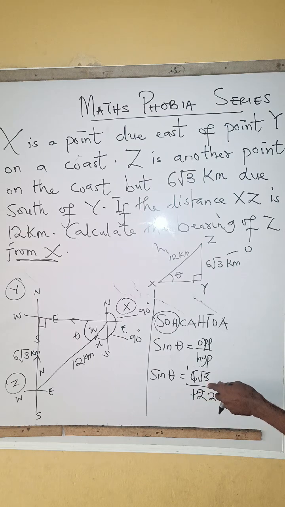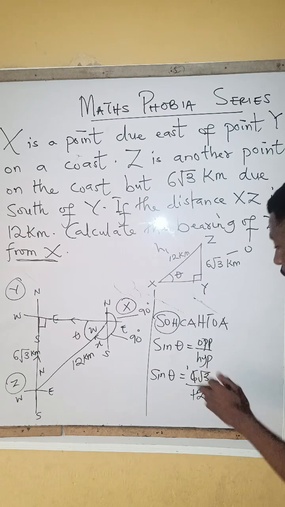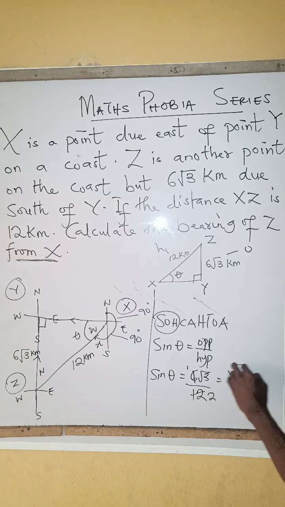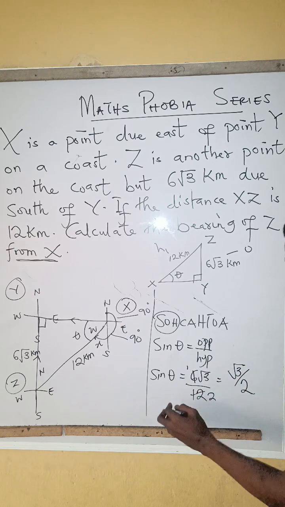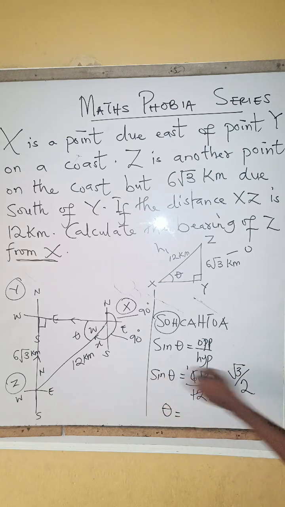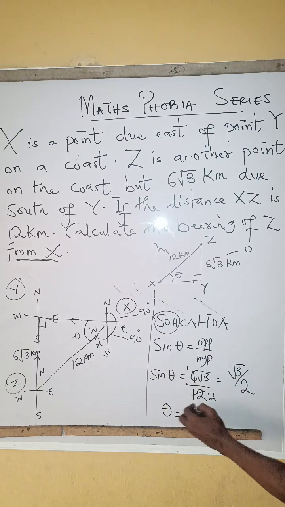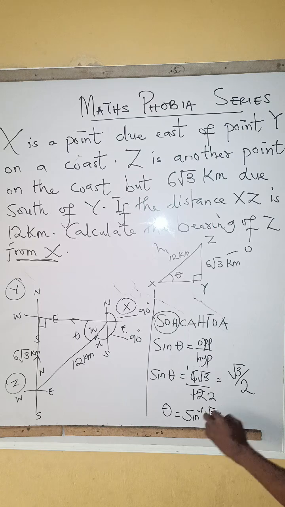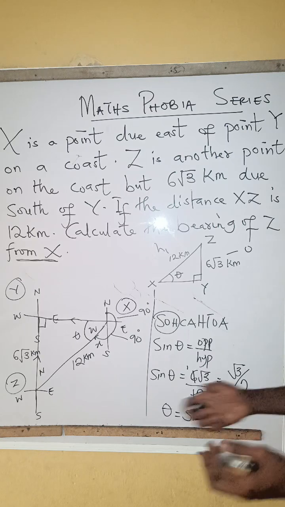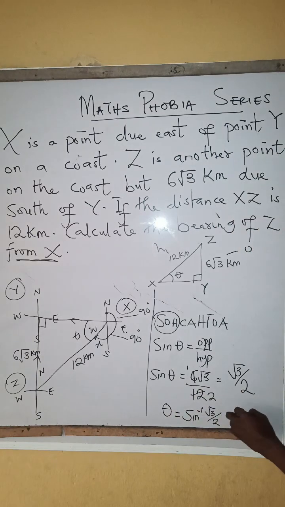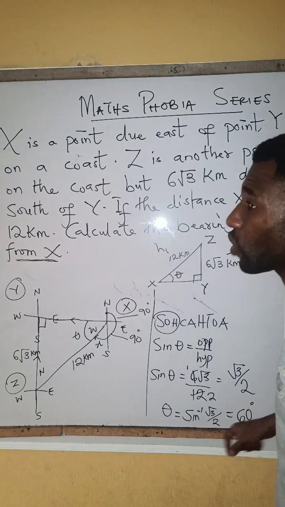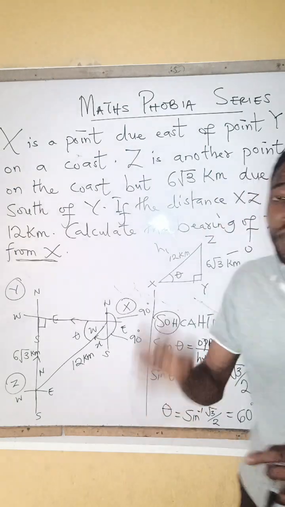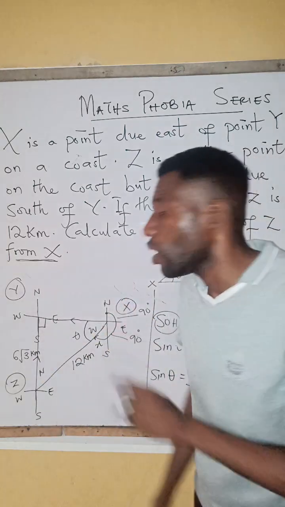We can't touch the 3 because it's in surd form, the square root form. So our answer is √3 over 2, meaning theta is sine inverse of √3 over 2. If you use your tables or a calculator, you see that our answer should be 60 degrees, because sine 60 degrees gives √3 over 2, or in decimal form, 0.8660.